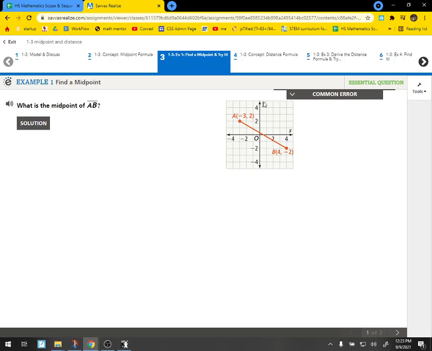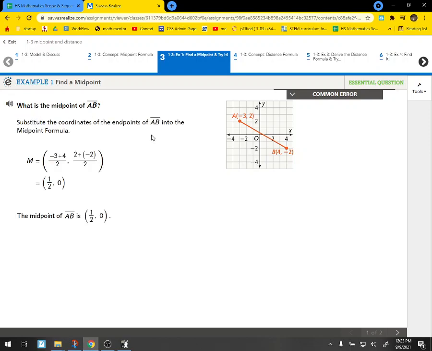So if I'm trying to find the midpoint, the point that's halfway between -3, 2 and 4, -2, all I have to do is add them up. And let's see what they say. Yep, that's all they're showing. They take -3 plus 4, which is 1, divided by 2 is a half. So that's all that's going on.